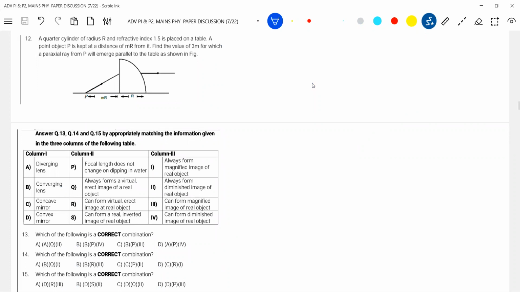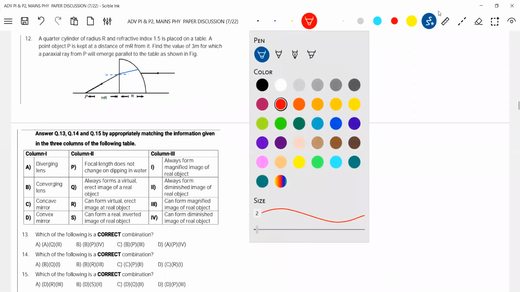Okay, this should become parallel. So after it will undergo refraction here, after refraction, the ray will become like this. So then again it will undergo refraction.